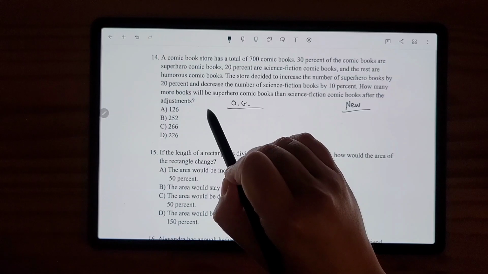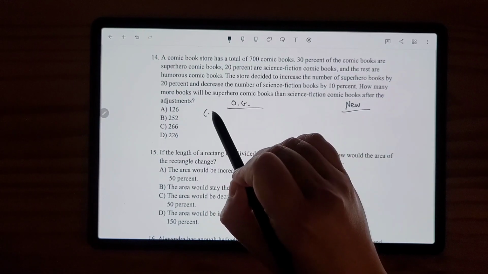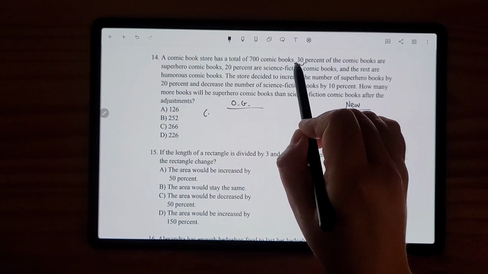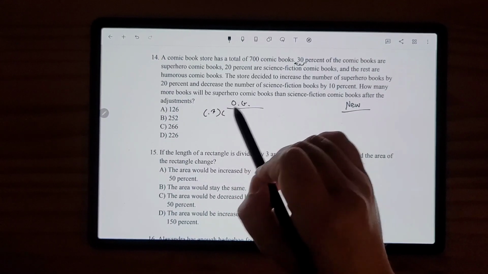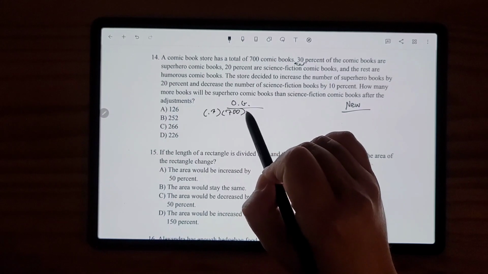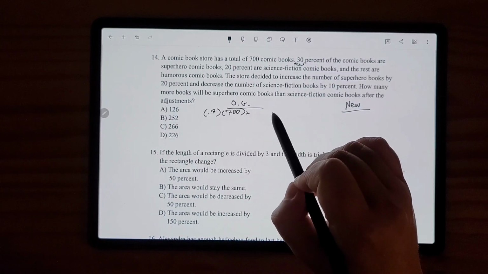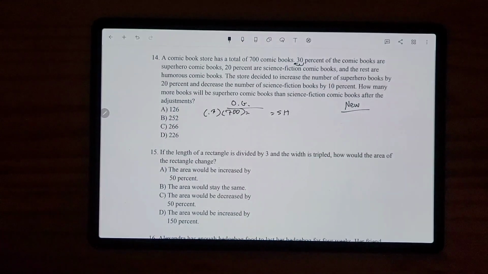If I want to find percent of a number, I turn that percent into a decimal by moving the decimal over by 2. So it's going to be 0.3 or 0.30, whichever you write, it's the same exact thing, times 700 is going to give me the number of superhero comic books. And that turns out to be 210 superhero comic books.